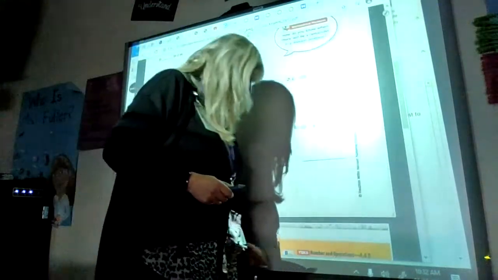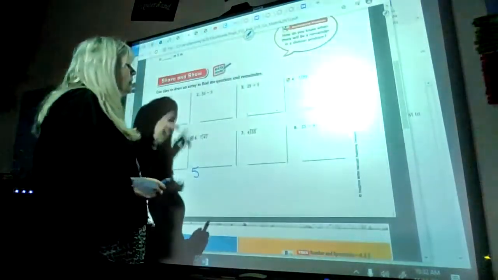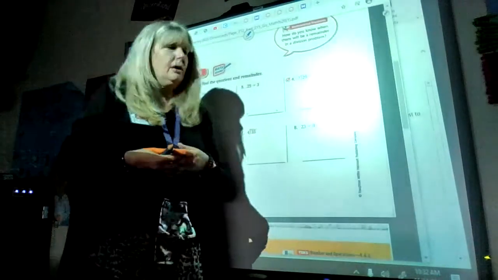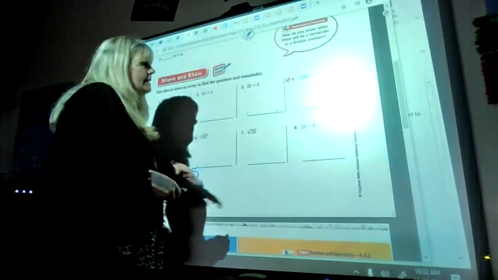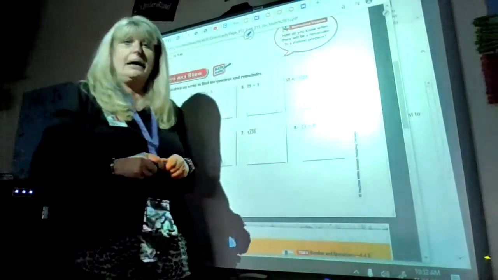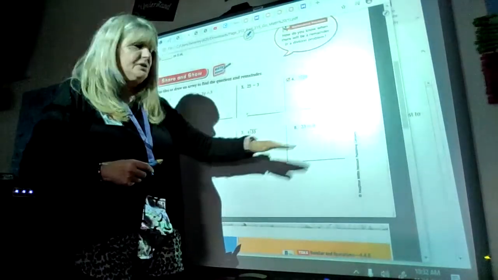Now remember, you can use tiles or you can draw arrays to help you do this. Let's do 23 divided by 8, again in the number sentence form.